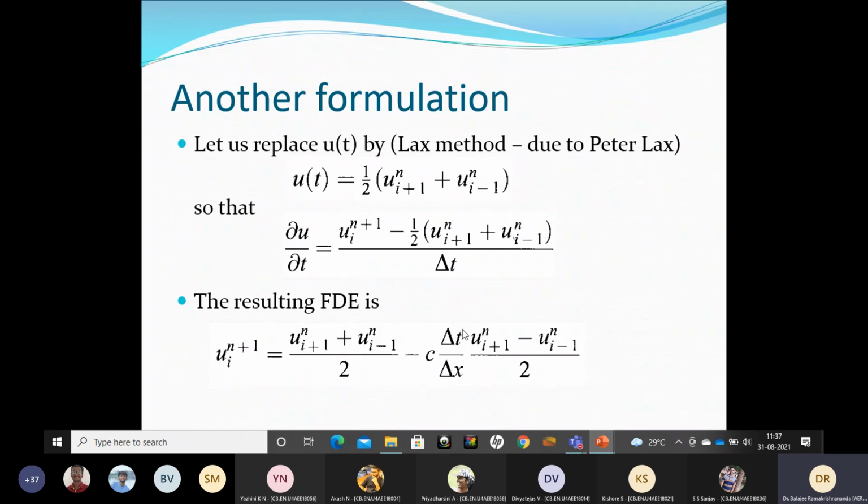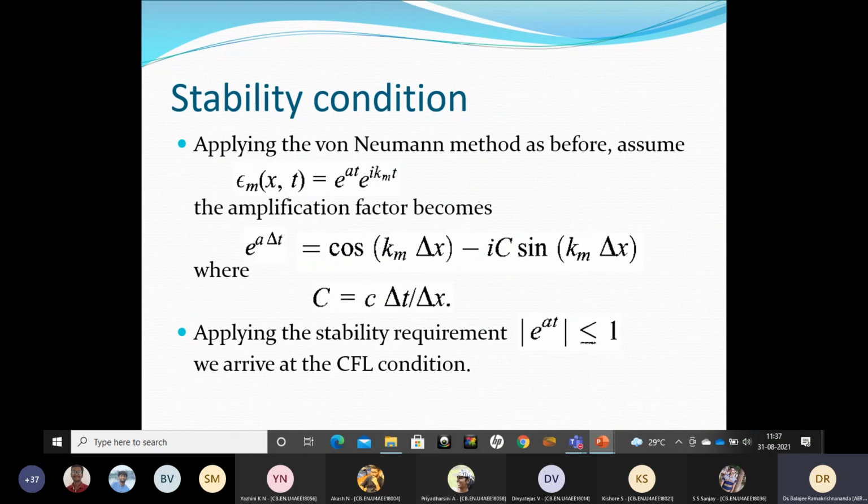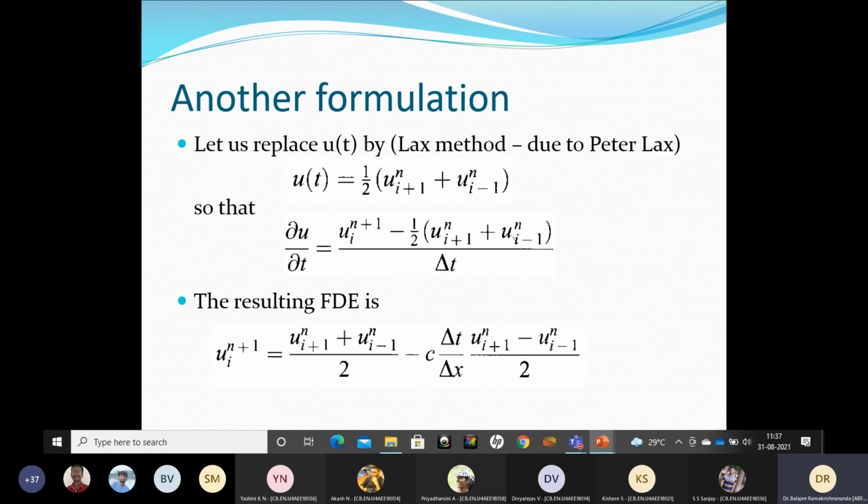This term, c delta t by delta x, we call capital C, which we can call the Courant number or CFL, Courant Friedrichs Lewy. In short, we also call it the Courant number. Now you apply the stability requirement to this FDE.